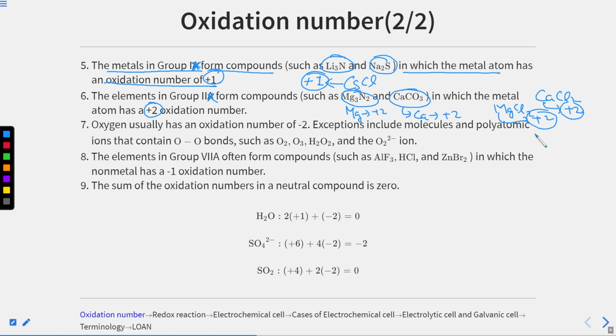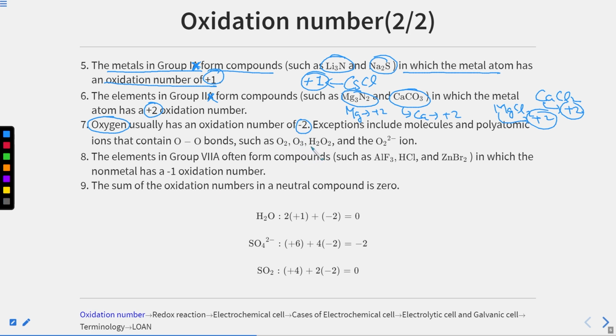Now some of the elements have a fixed oxidation number. There are exceptions, right? There are always exceptions in chemistry, but there are some atoms which will always have a general oxidation number. If you are talking about oxygen, then I will say that it will have an oxidation number of -2 always.